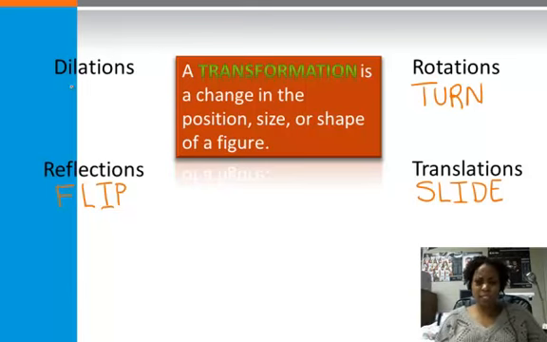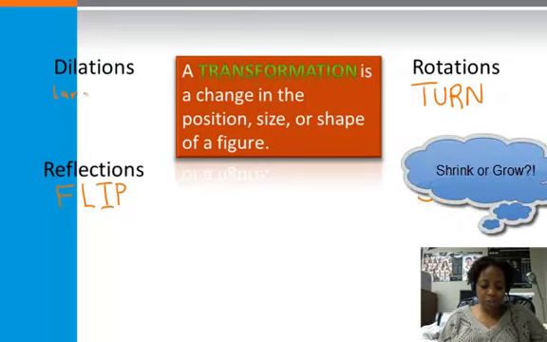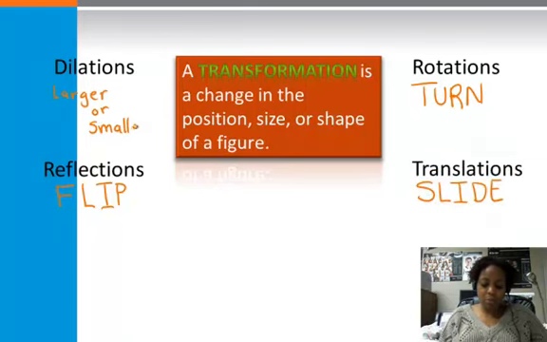There is no really easy name for dilation, but a dilation makes something bigger or smaller. So it's a change in size, and that's one of the stipulations for a transformation, to change the size.